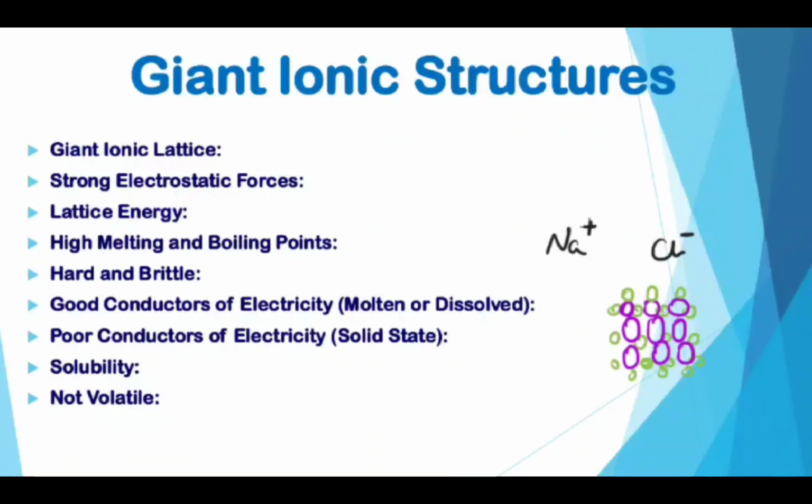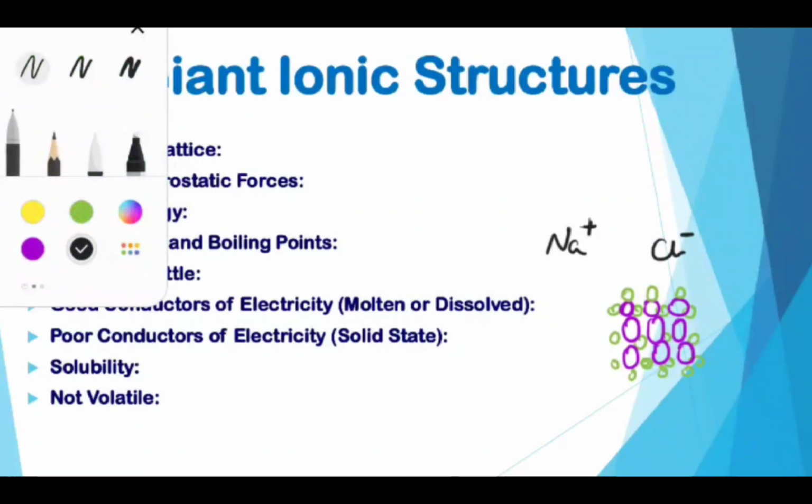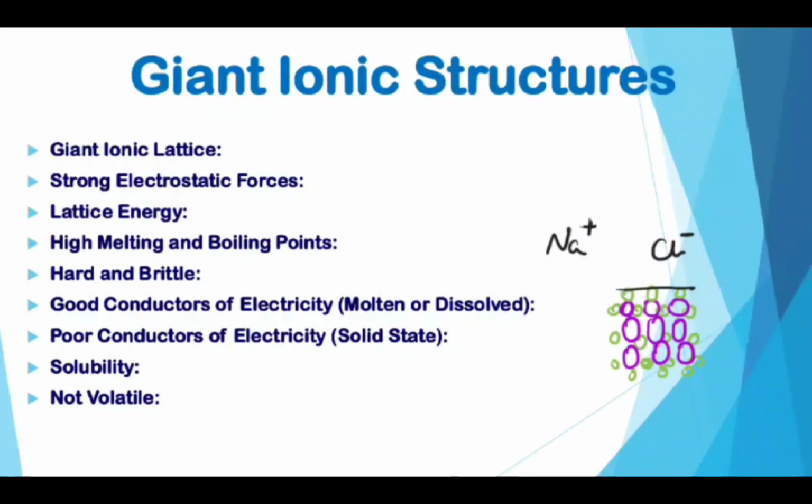So there is a very systematic way in which these ions, the positive and negative ions, arrange each other, and this systematic way of arrangement is called the lattice.